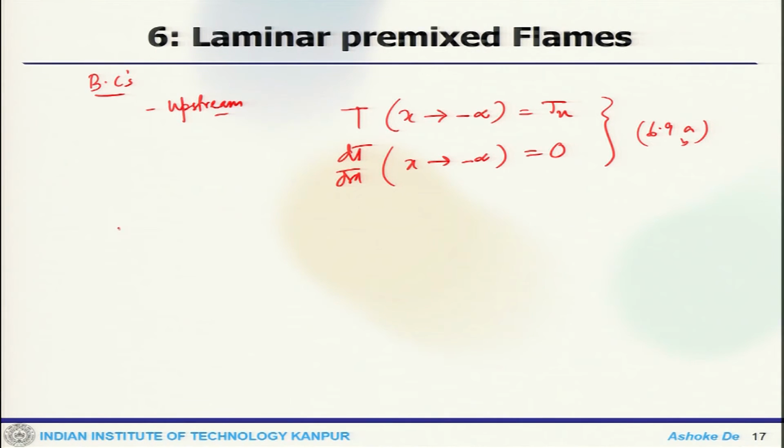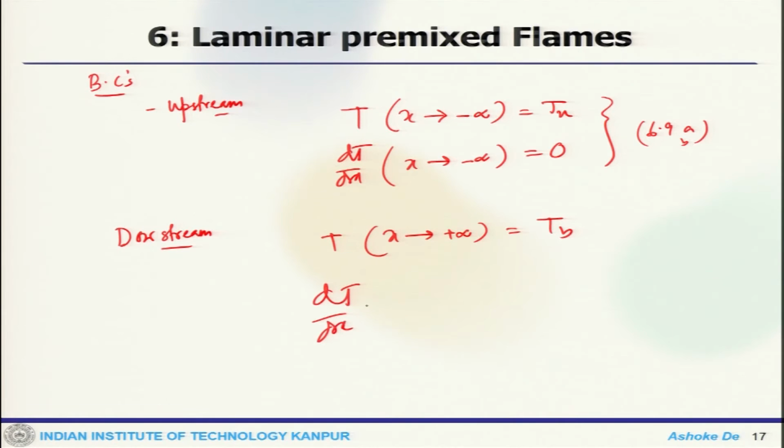Now, that is the upstream. Downstream, at the product side, as x tends to plus infinity, T equals T burned and dT/dx is 0 as x tends to positive infinity. So, 6.9 c to d.